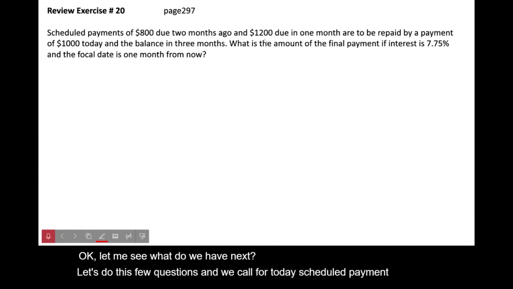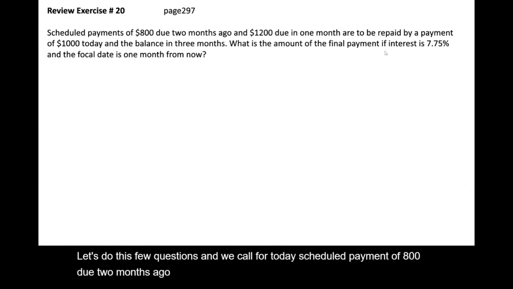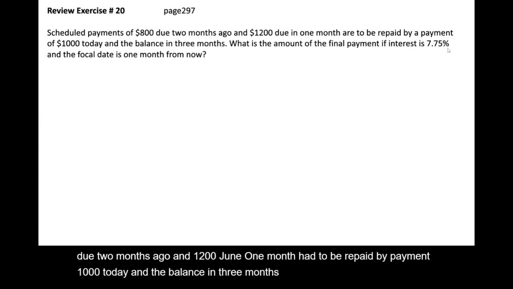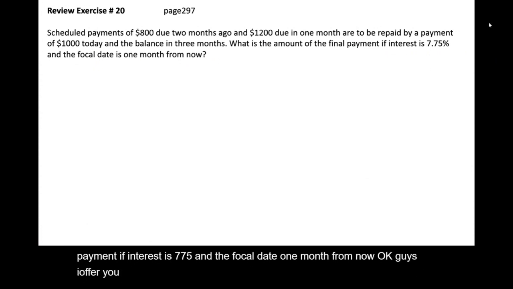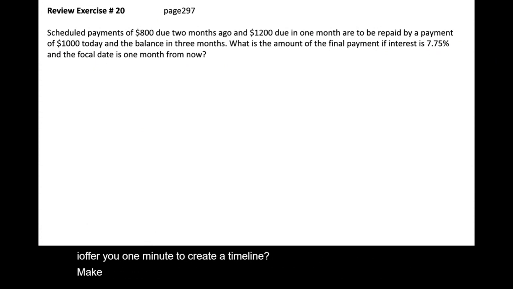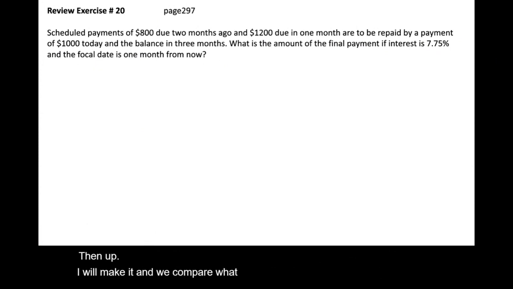Scheduled payment of 800 due 2 months ago and 1200 due in 1 month are to be repaid by payment of 1000 today and the balance in 3 months. What is the amount of the final payment if interest is 7.75% and the focal date is 1 month from now? Guys, I give you 1 minute to create a timeline, make a picture, then I will make it and we compare. Okay, do it.